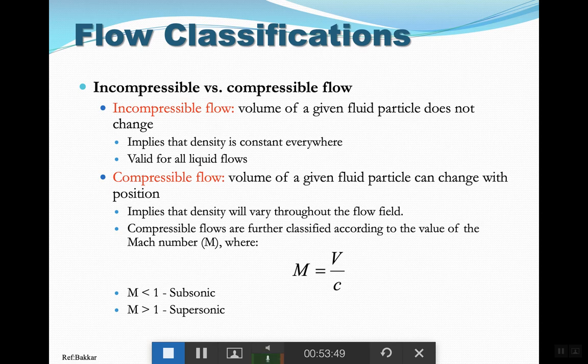You have to determine whether your flow is incompressible or compressible. This is very important, because if the flow is incompressible, you're dealing with different equations than for compressible flow. For starters, as we discussed, if you have incompressible flow, your inlet boundary condition becomes velocity inlet, whereas if you are dealing with compressible flow, it becomes mass flow inlet.